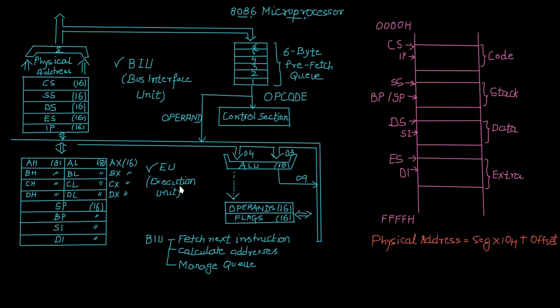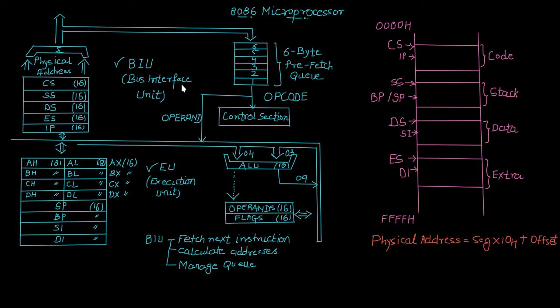Parallel processing is basically when the microprocessor is executing instructions in the execution unit, and at the same time the bus interface unit can fetch the instructions. We will study this pipelining once we understand how these two units actually work.